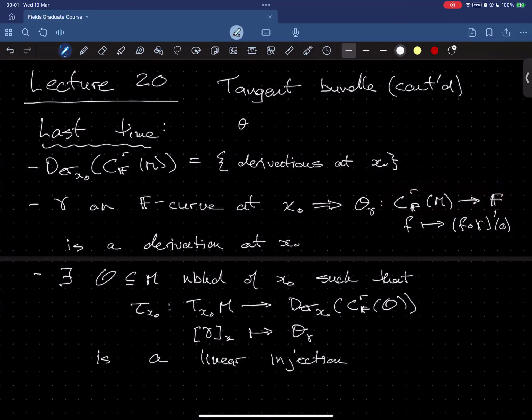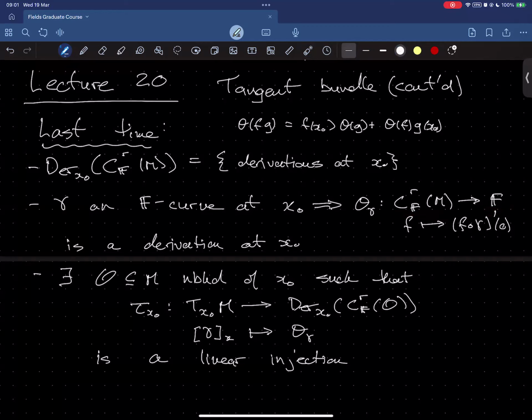So it was linear with respect to the vector space structure on here and here. And then it had this product rule structure, like so. Okay. So that's what a derivation was.